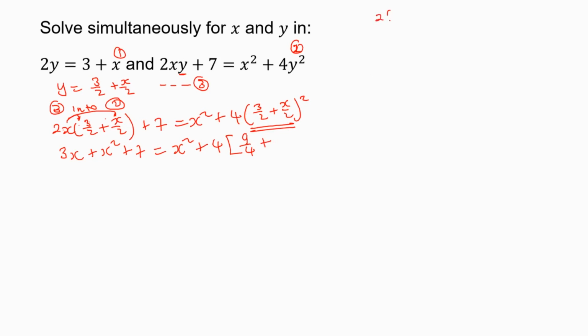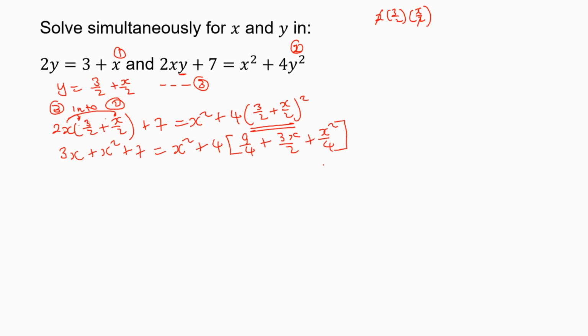What do you get here? 2 there is 1. We remain with 3x over 2. And then we square the last one. So it's going to be plus x squared over 4.